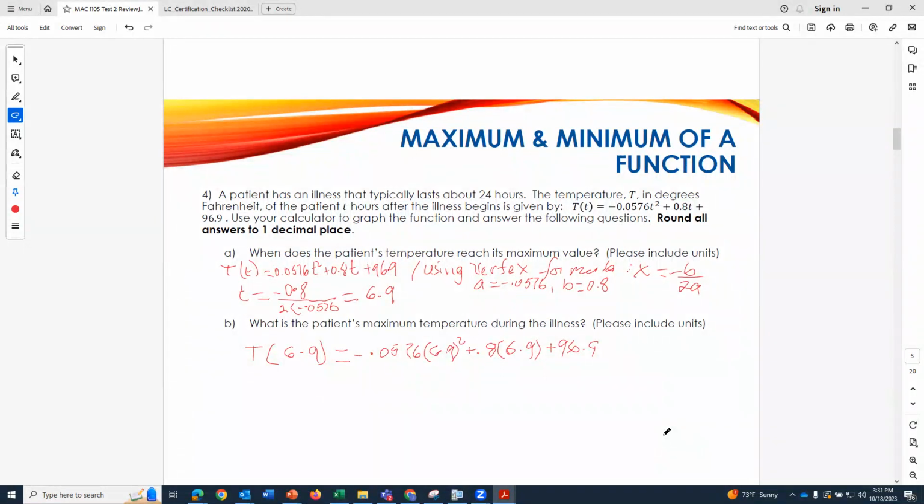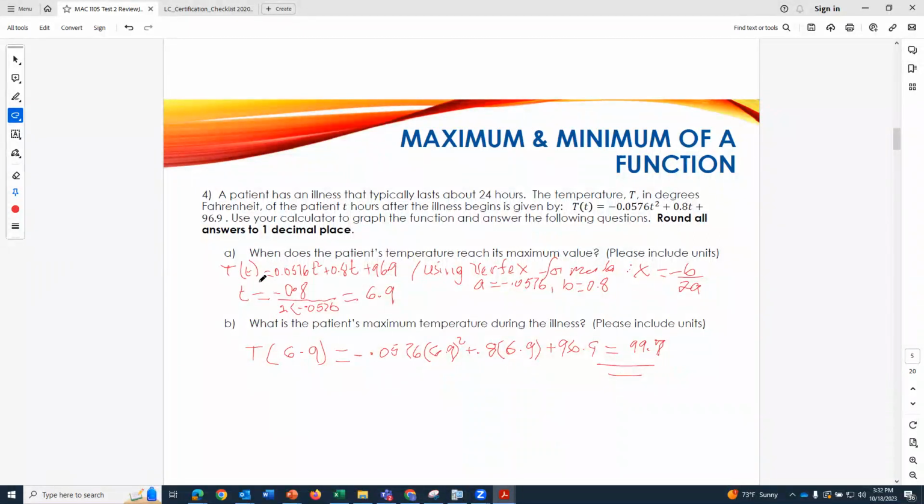And using the calculator, that is 99.7. This is the maximum temperature.